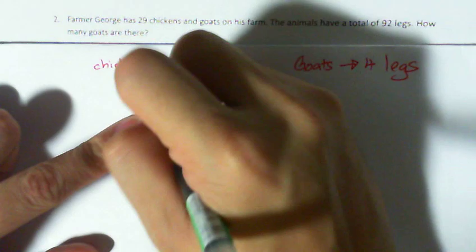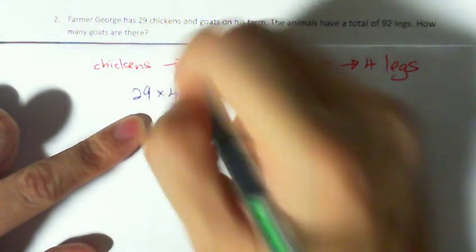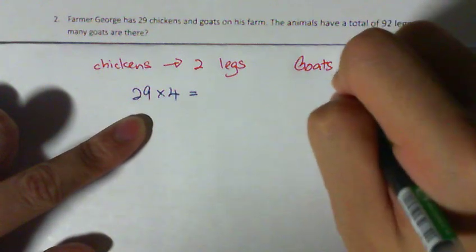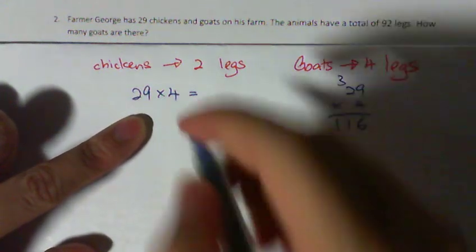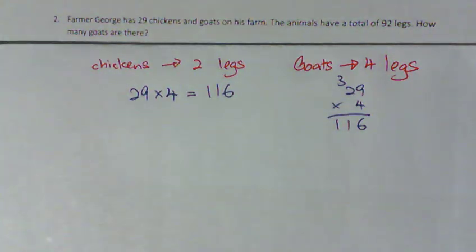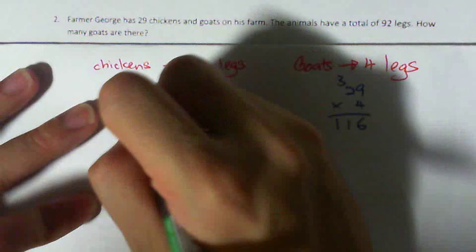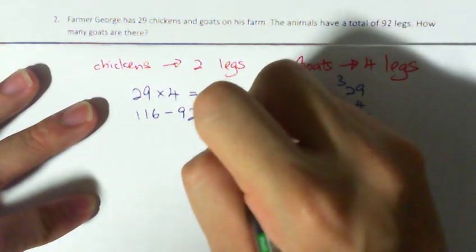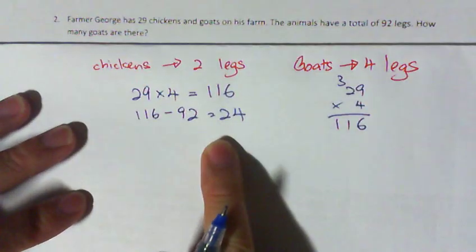I know it will be 29 animals times 4, which will give me 116. 116 is the maximum possible, but I only have 92 legs, so I take 116 minus 92, I'll get 24. So I have 24 spare legs.